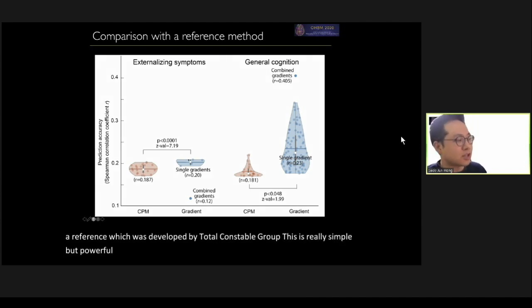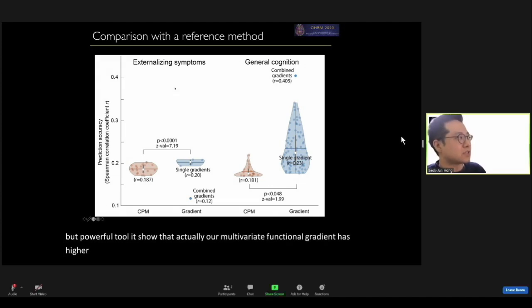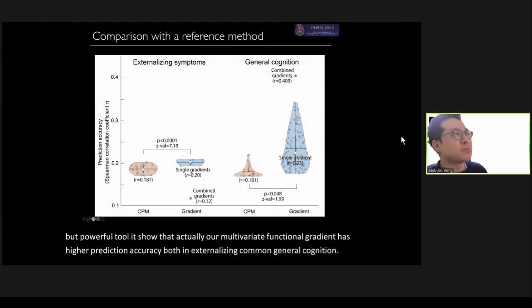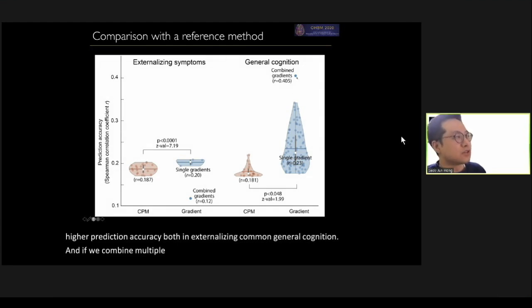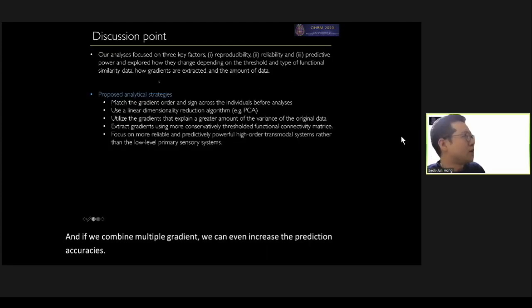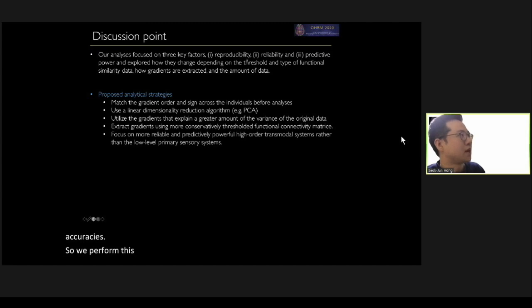It showed that actually our multivariate functional gradient has higher prediction accuracy, both in externalizing symptoms and general cognition. And if we combine multiple gradients, we can even increase the prediction accuracy. So we performed this biomarker test with respect to reproducibility, reliability, and predictive power according to different conditions.